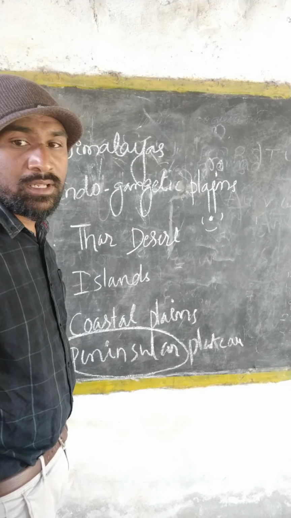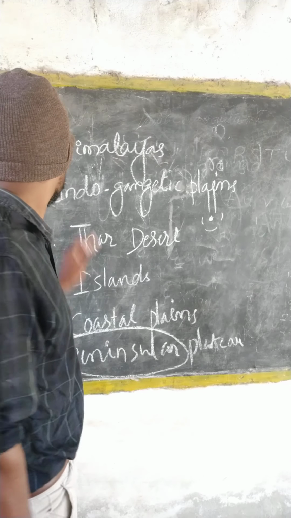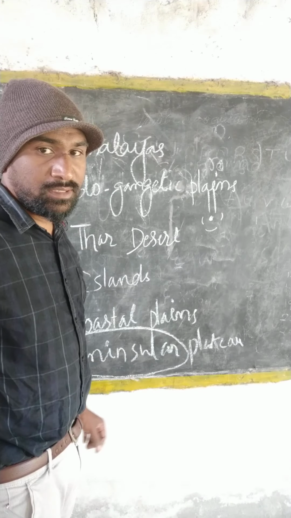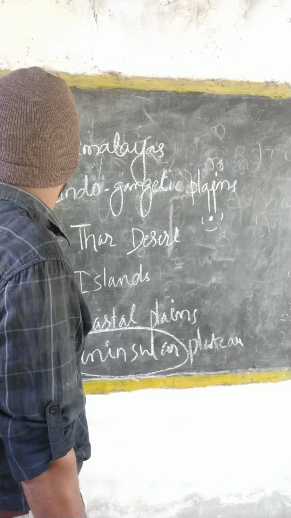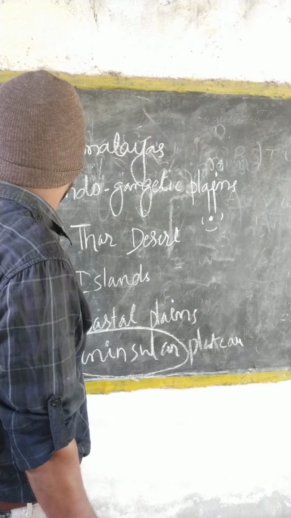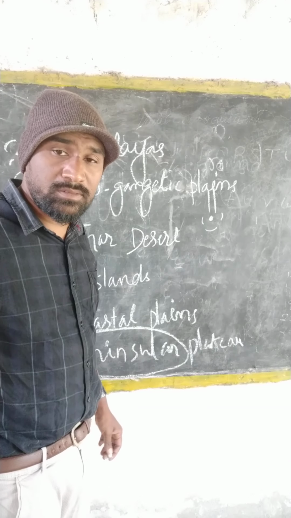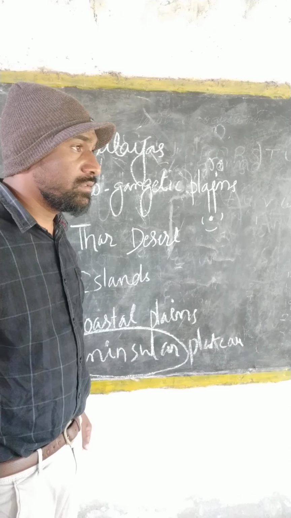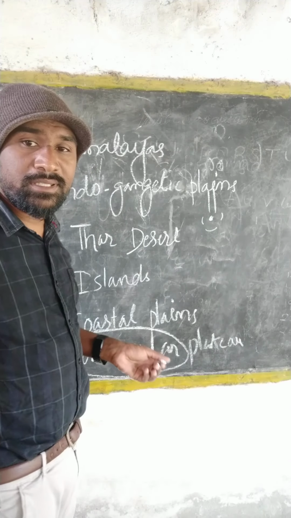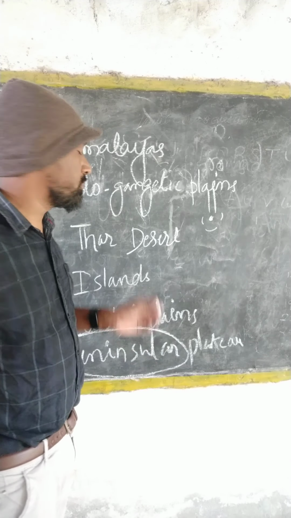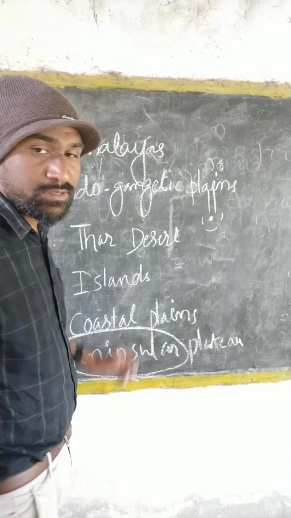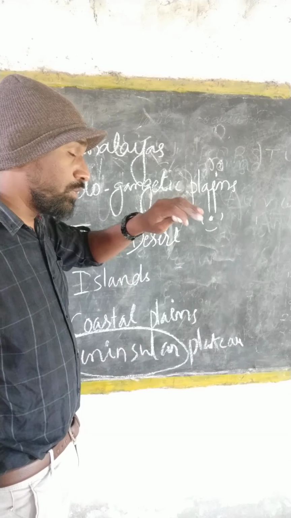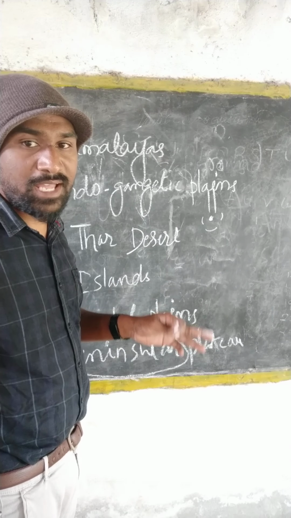That particular feature is known as peninsular. If four sides are covered with water, then the definition changes. Three sides with water is known as peninsular. If the place is surrounded on four sides by water, it is known as an island.